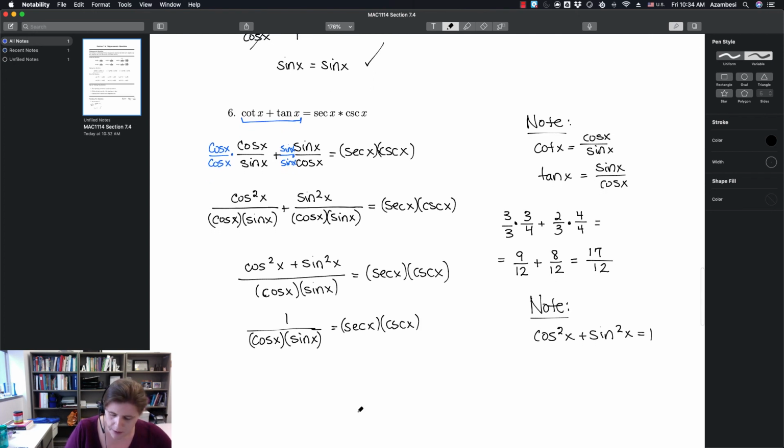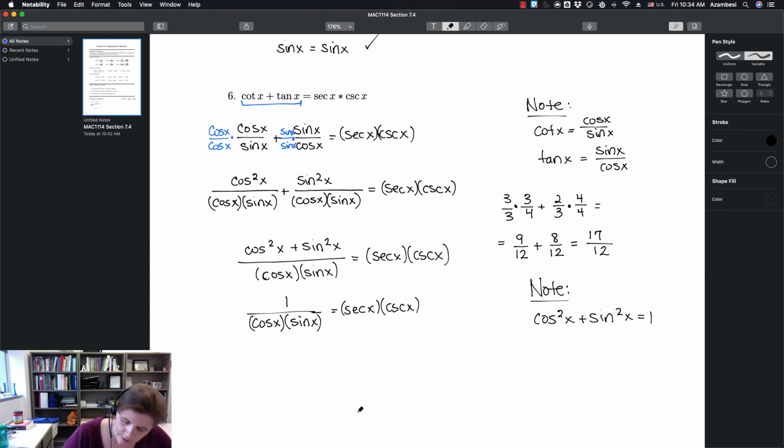All right, remember also that 1 over cosine of x is equal to secant of x, and 1 over sine of x is equal to cosecant of x.